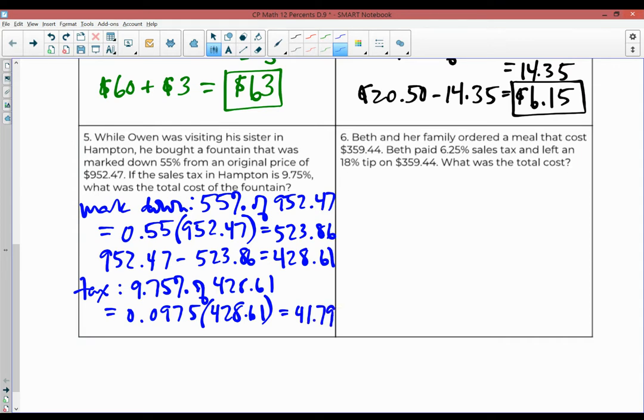And now I add them together. So the cost of the fountain after the discount plus the sales tax is $470 and 40 cents.